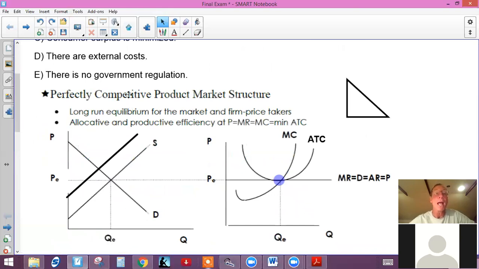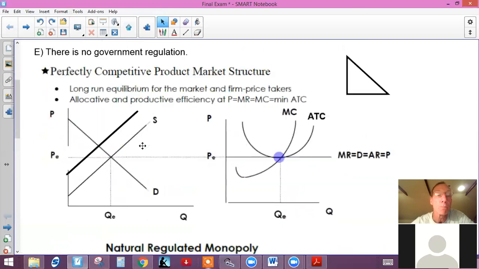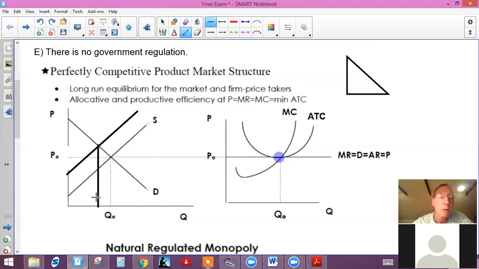When you have external cost, you're actually producing at a level of output that's higher than the optimum. This would be the allocatively efficient, or the socially optimum level of output right here.